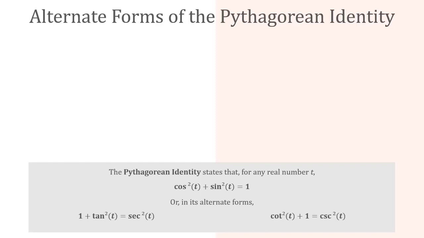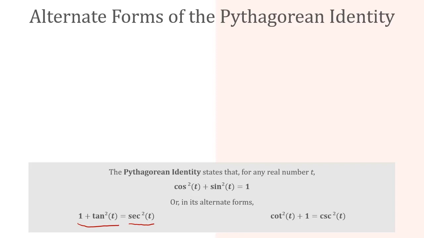In addition to the Pythagorean identity, it turns out that there are two alternate forms of it. And here they are. The Pythagorean identity states, as we've seen, that for any real number or angle t, cosine squared t plus sine squared t is equal to 1. Or an alternate form is 1 plus tangent squared t is equal to secant squared t.